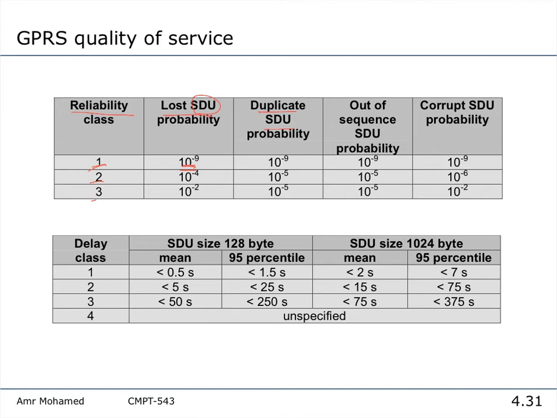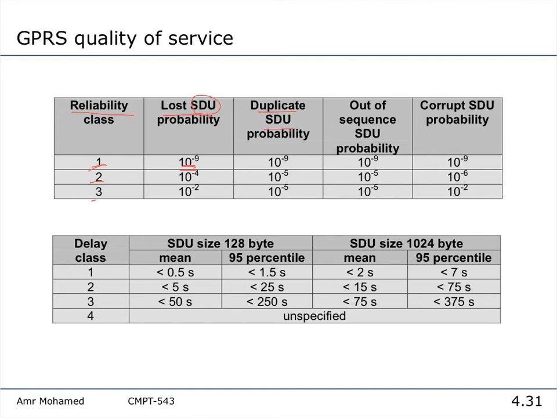Class 1 is the highest? Yes, class 1 is the highest, which means that it has the lowest probability of error. But how do they calculate the numbers? It's based on measurements. If you have, for example, during a certain duration of time, let's say 1 second, 10 to the power 9 packets within a certain duration and one of them is lost, this means that you have a probability of 1 over 10 to the power 9, which is 10 to the power minus 9.